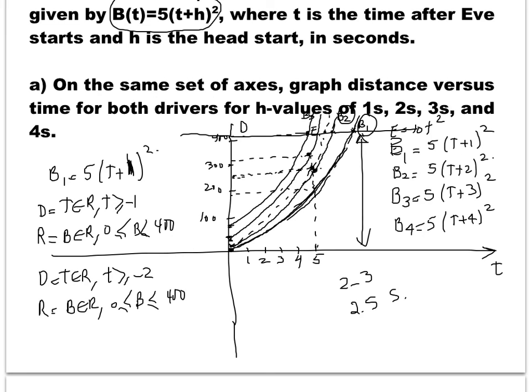But the time has to be greater than or equal to -3 and -4. For Eve, the function is 10t squared. So we can see from the graph that because there is no head start, the domain is t in R, and t has to be greater than or equal to 0. This is for Eve. And the range is E in R now, and E has to be less than or equal to 400, greater than or equal to 0.